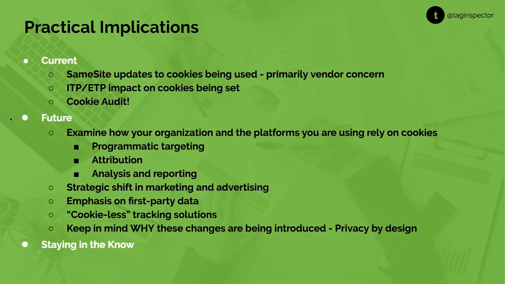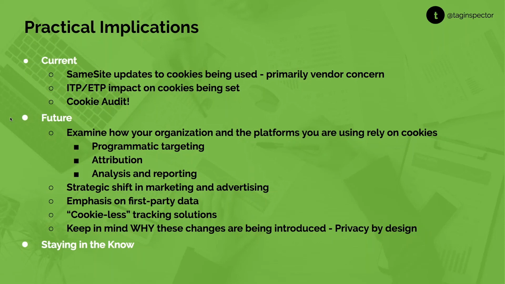It's also really important, and one thing I want everyone to keep in mind is why these changes are being introduced. It's not to make our lives more difficult as marketers and advertisers. It's to really right the ship and put privacy back into the hands of users, giving them more visibility and control over the information that they're sharing, and keeping everyone honest with how we're able to leverage their information, find users, and then track them across the web in general.